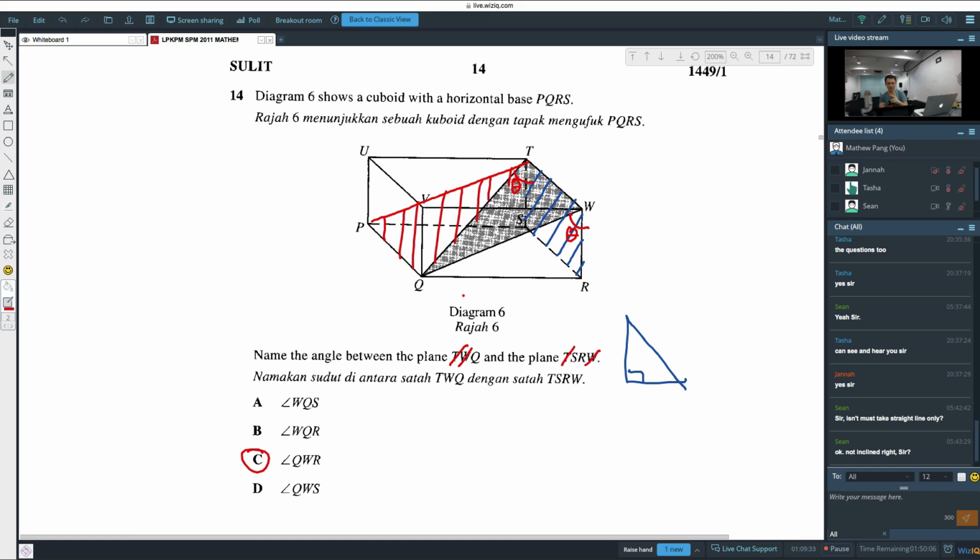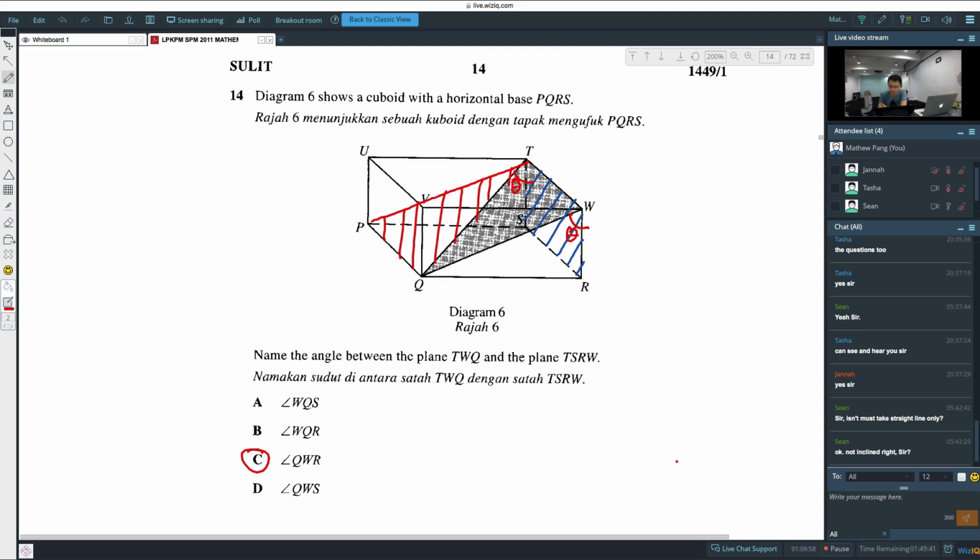This one is a bit tough for me to explain. Normally I will try to demo to my students, but over here, I teach you another method. If you couldn't see, this method can only be used for two planes. Okay, I see Tasha actually raised her hand.